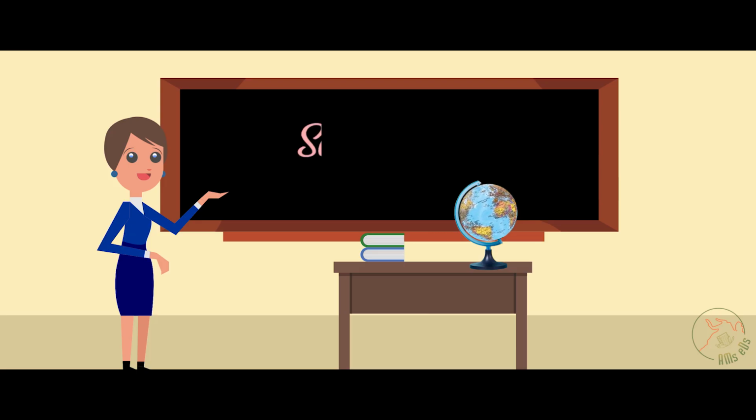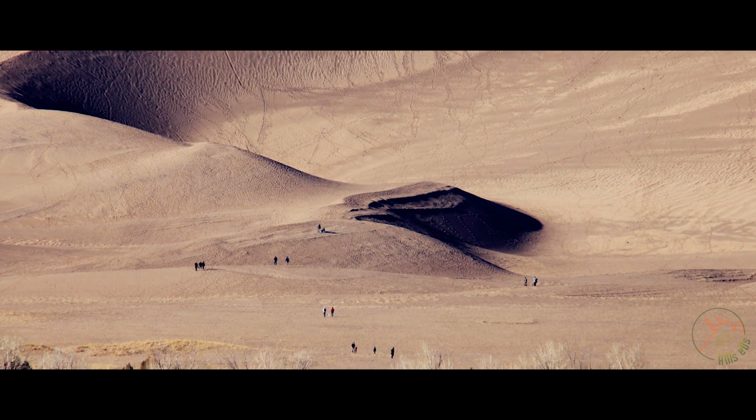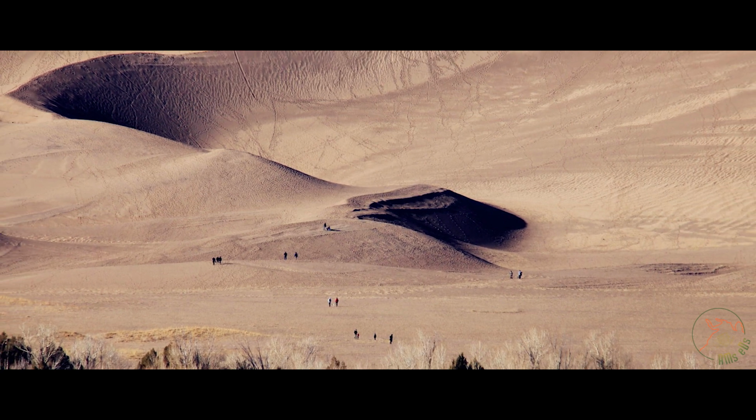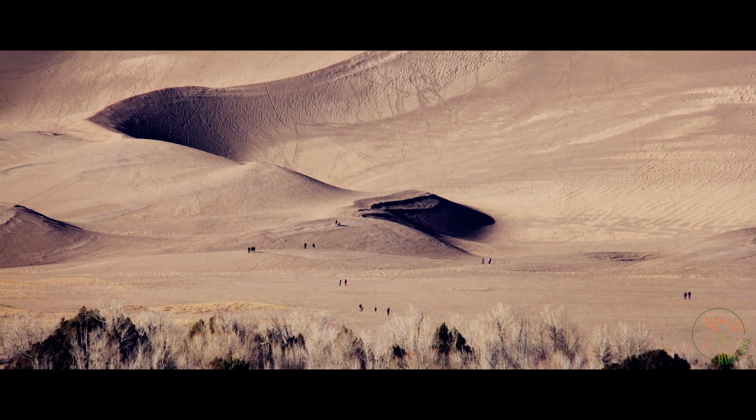Thus, we have arrived at the final part of this class, soil profile. When we speak of soil, it is not just the surface of soil which is visible to us. There is more to it.